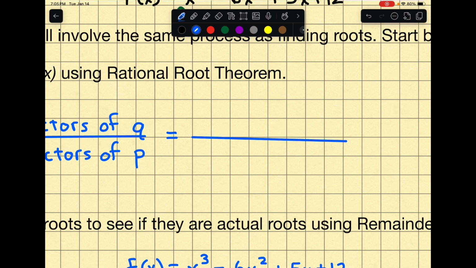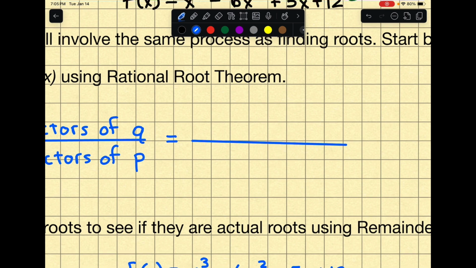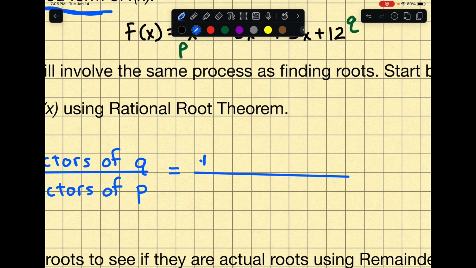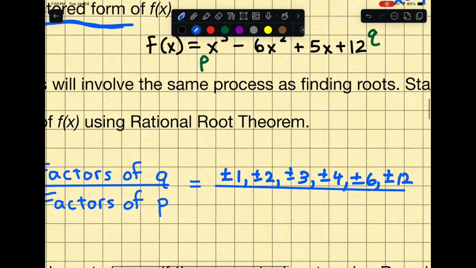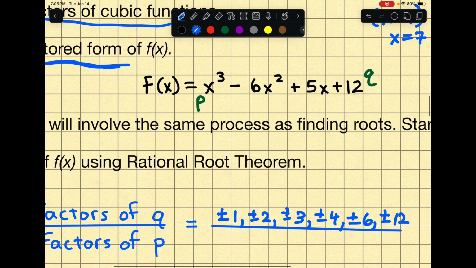All the factors of q are plus or minus 1, plus or minus 2, plus or minus 3, plus or minus 4, plus or minus 6, and plus or minus 12. Not bad. Then we need the factors of our leading coefficient, which we call p.